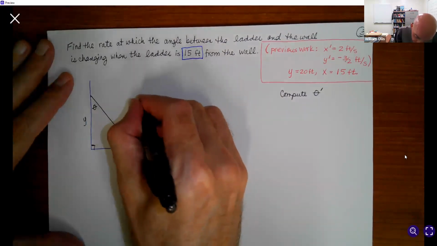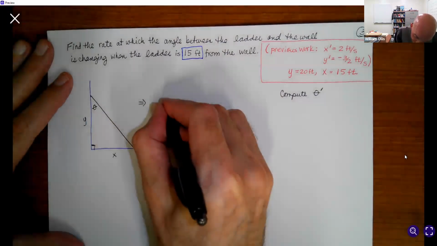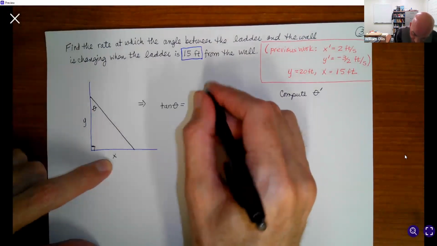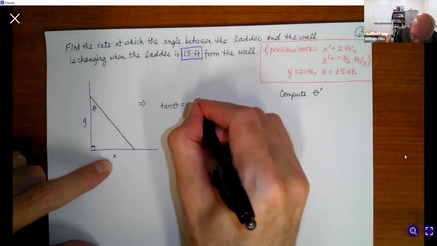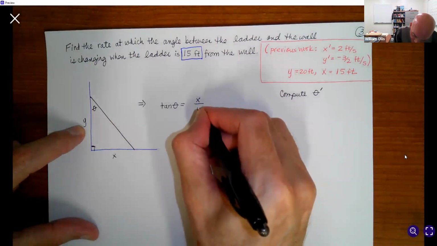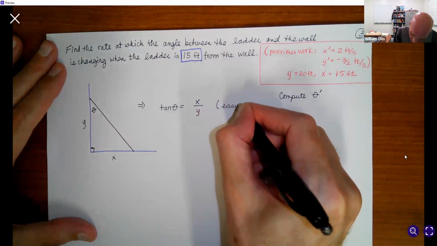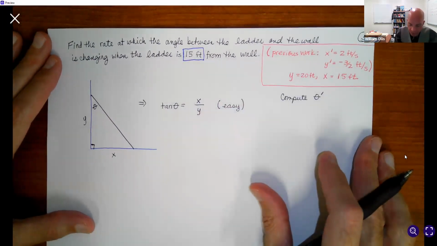So this just implies that tangent theta equals the opposite side over the adjacent, like that. So that is easy. Use any trig function you like, it doesn't matter.